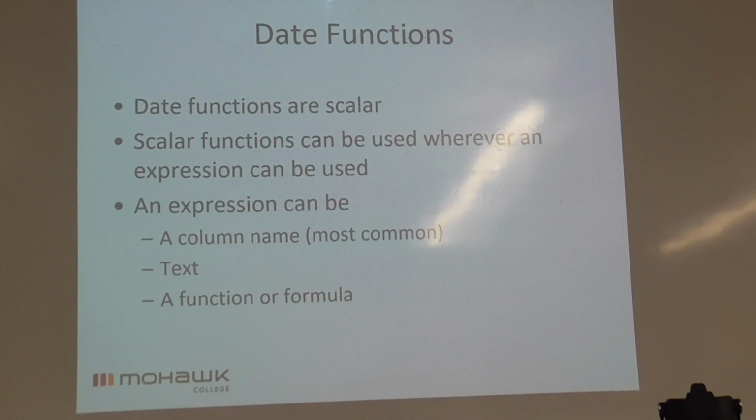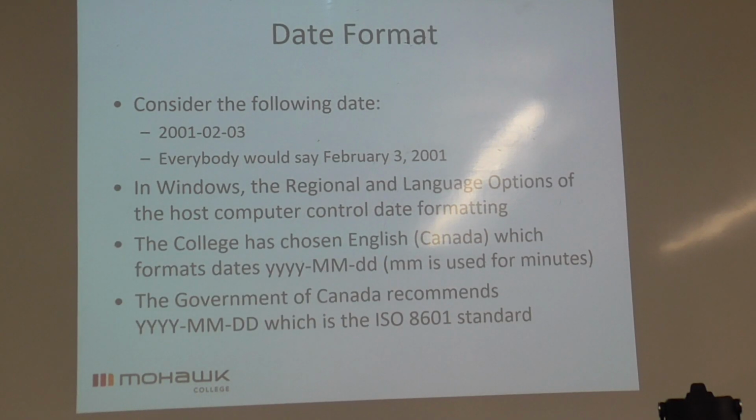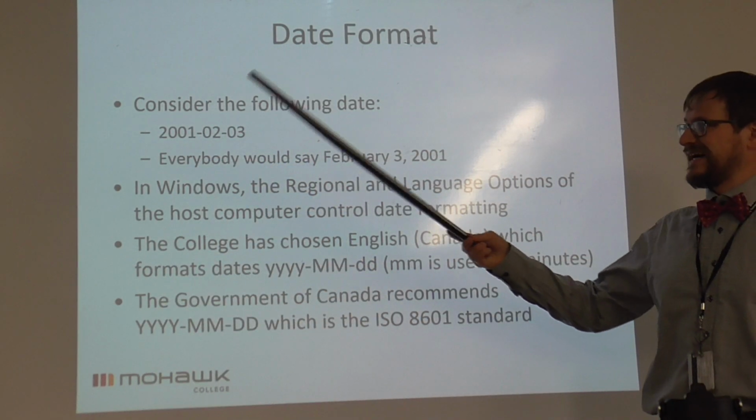Date functions are scalar. Scalar functions can be used wherever an expression is used. Everybody, I hope, knows what an expression is. We have some functions though, don't pack up. We've got some functions. Date diff. So if you have two things which are dates, dates are formatted like this: year, month, day with hyphens.